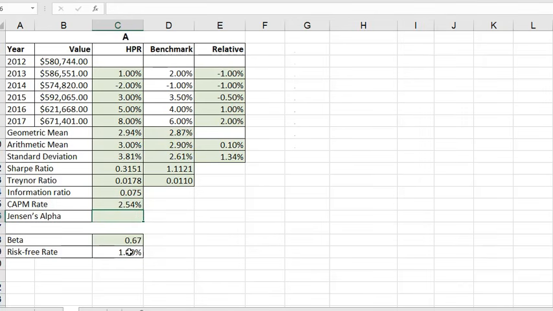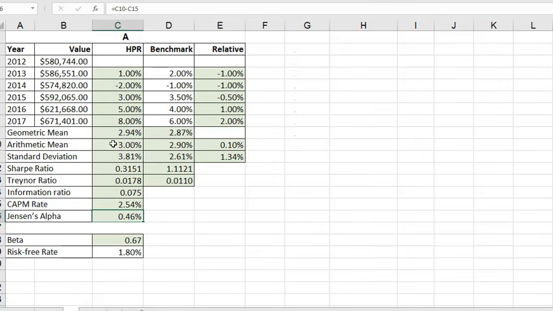That gives 2.54%. So based on the systematic risk of our portfolio A, we should have generated 2.54%. What did we generate? 3%. So our alpha is that 3% minus the 2.54, 0.46%. So we generated excess returns there.